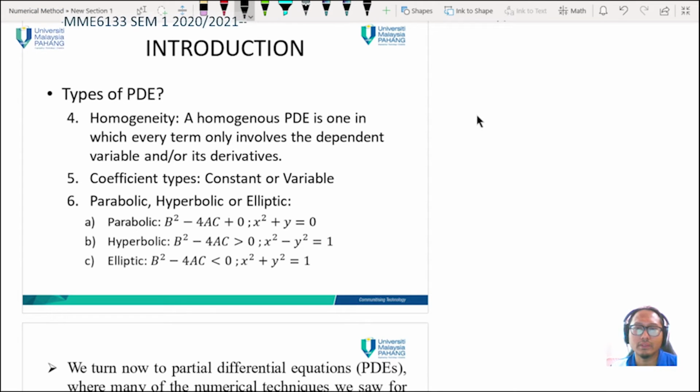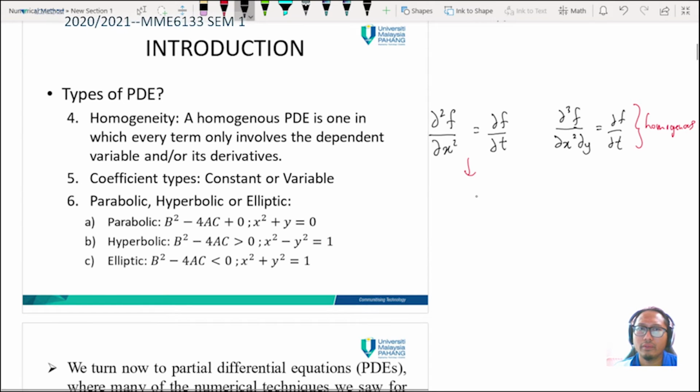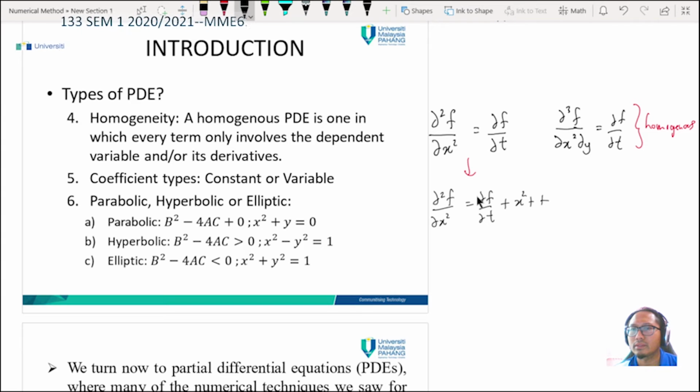If we choose the same examples, d²f/dx² = df/dt, and d³f/dx²dy = df/dt, both are homogeneous. But if we have d²f/dx² = df/dt plus x² plus tan t, now we have two terms that don't contain f, and therefore we can say that this equation is non-homogeneous.